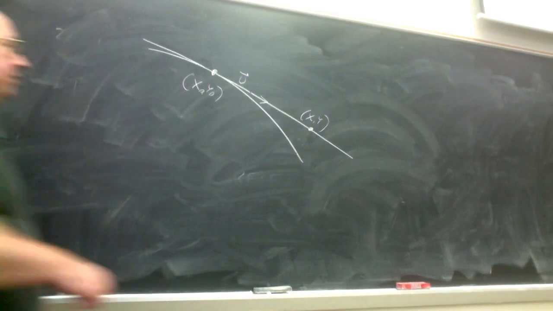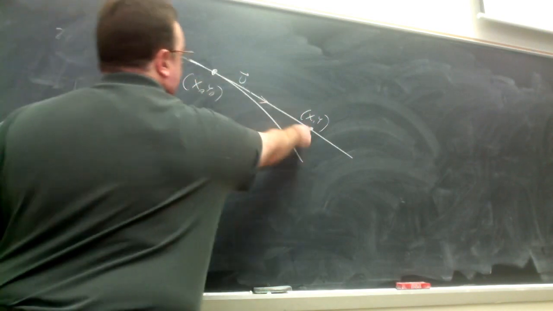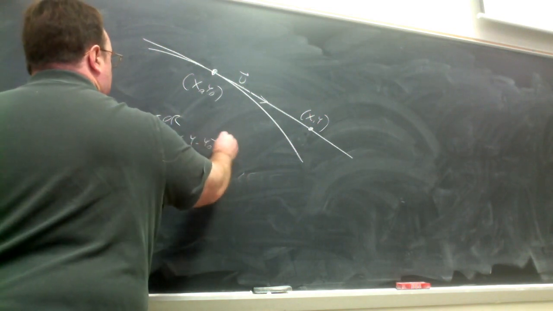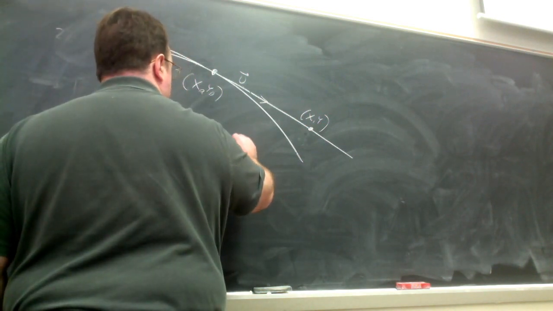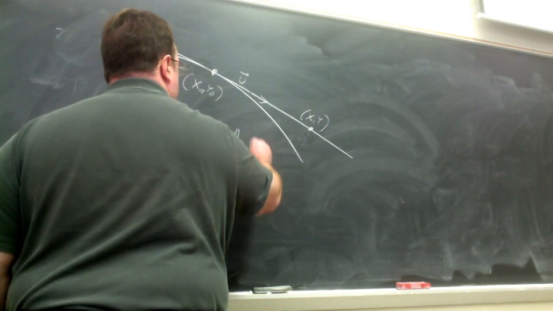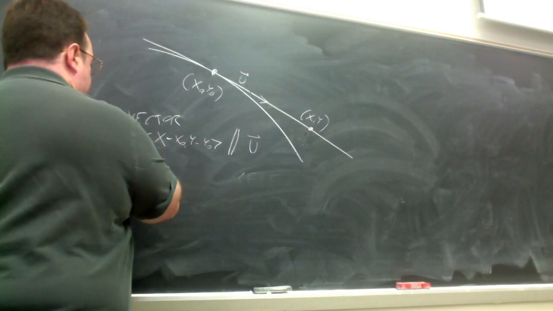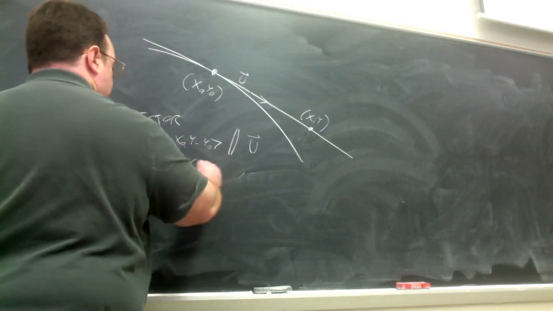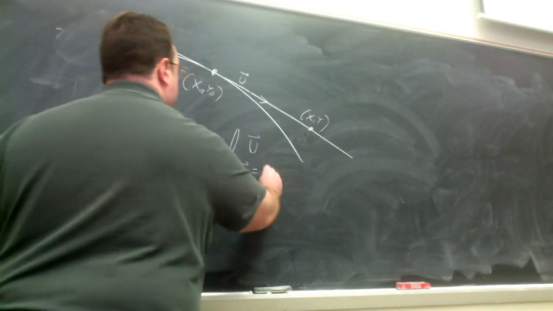So what I can say is the vector from this point to this point, x minus x naught, y minus y naught, must be parallel to the vector u. Okay. What we can also say is, because the gradient of f at this point, dot product of u is equal to 0.